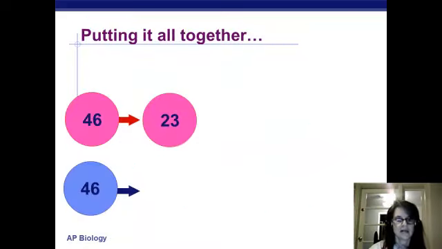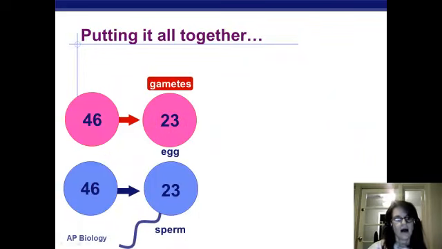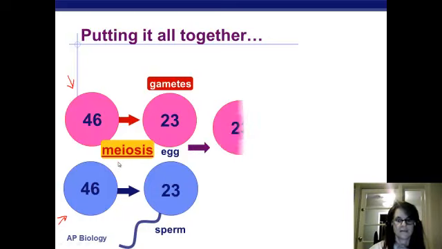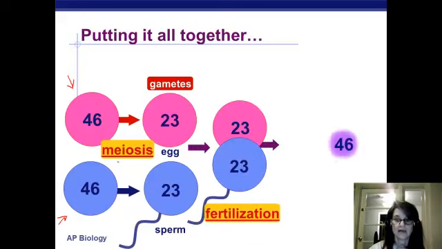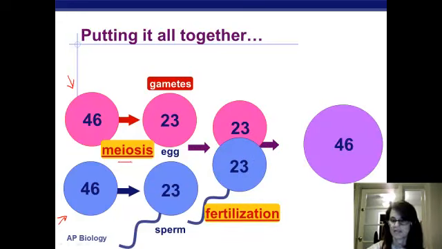Okay? So, here is a cell and an ovary. Here is a cell and a testis. They go through meiosis and create eggs and sperm. Those eggs and sperm fertilize, come together, and combine their genes to create a zygote with 46 chromosomes.